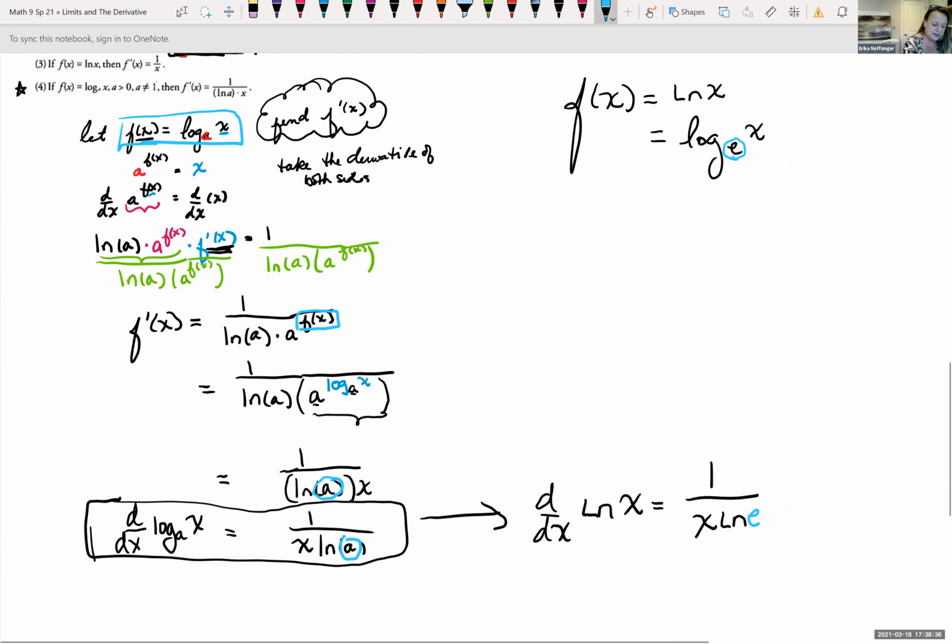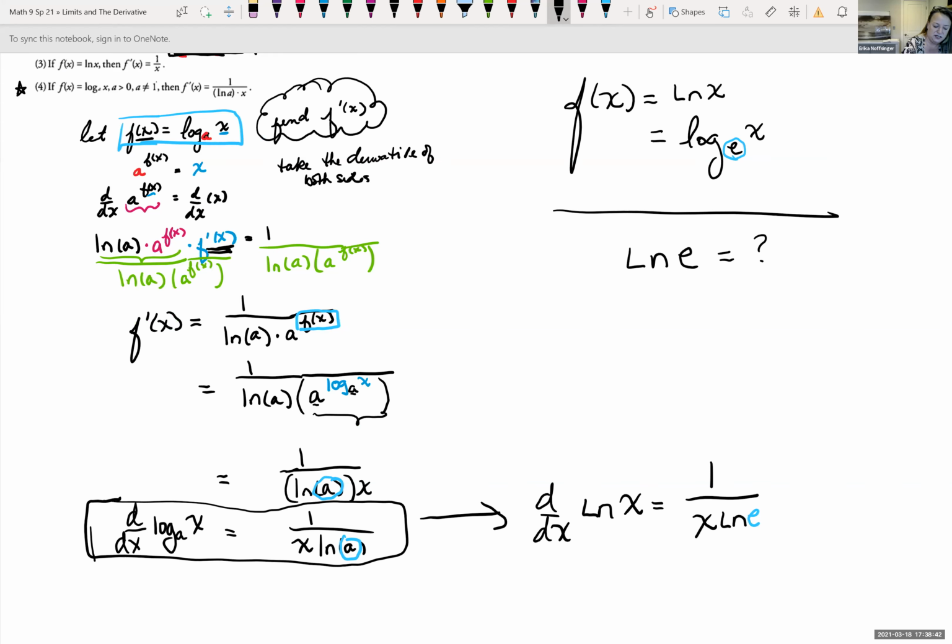Well, natural log of e, you should know what that is. Again, if it helps you, this is log base e of e equals what? So this is saying, what is our exponent that we're going to raise our base e to get back e? Well, we would raise e to the first power to get back e. So the natural log of e, log base e of e, is just 1.